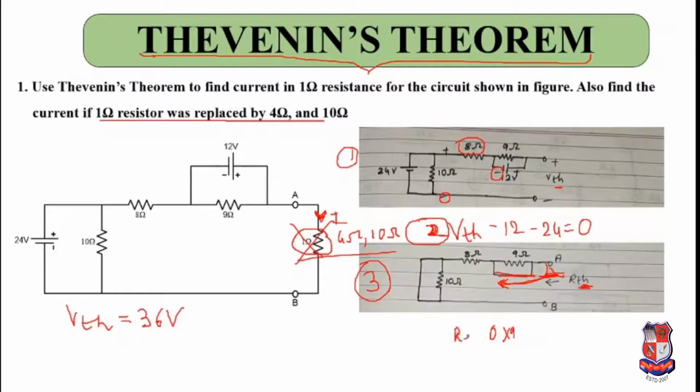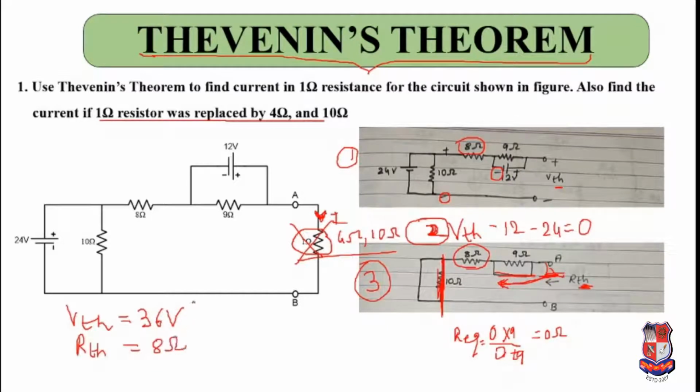The equivalent resistance formula is the product of two resistances divided by the summation of the two resistances, so this gives you 0 ohms. 0 ohms resistance means short circuit. Over here also this is shorted. So RTH comes out to be this 8 ohms. So RTH is 8 ohms.